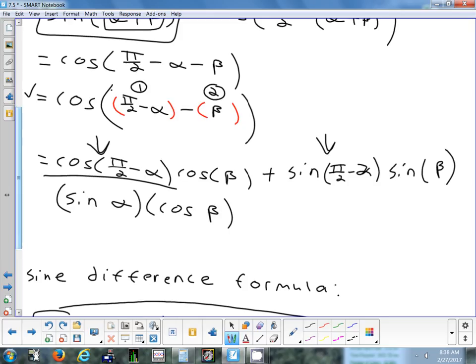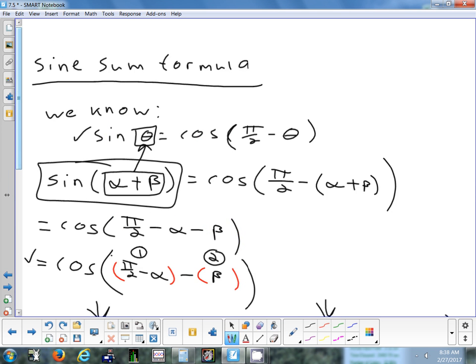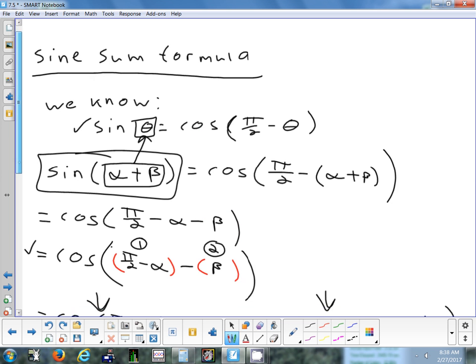Now, what do you think, I'm not sure we proved this one. What do you think the sine of pi over 2 minus alpha is the same as? It's the same as cosine. It's basically this idea. If you take pi over 2 minus your angle, it converts it from sine to cosine, no matter which way you do it.